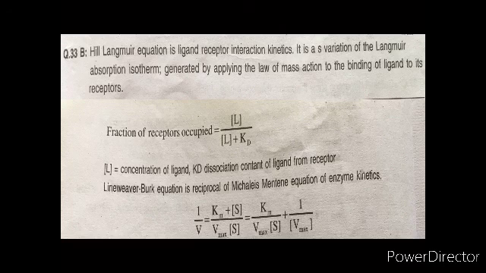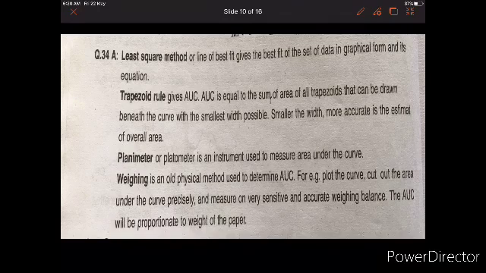We have discussed in the third or fourth question of the 2016 question paper the Michaelis-Menten equation for enzyme kinetics. The reciprocal of that equation is the Lineweaver-Burk equation. So we have 1 upon V is equal to Km plus substrate concentration divided by Vmax into substrate concentration.